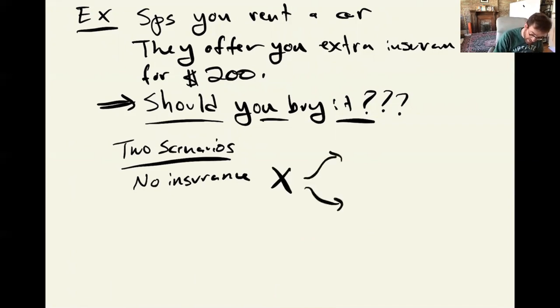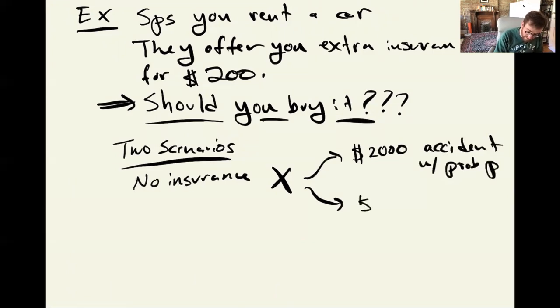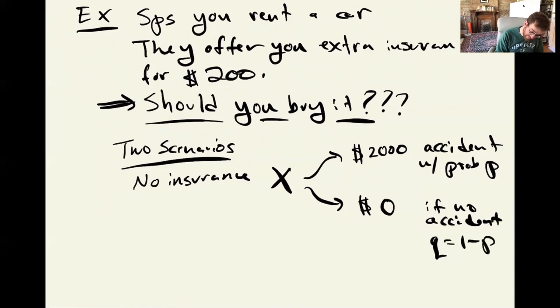One is, let's say maybe a $2,000 accident with probability P. And then, of course, 0 if no accident occurs with probability Q, which is 1 minus P.